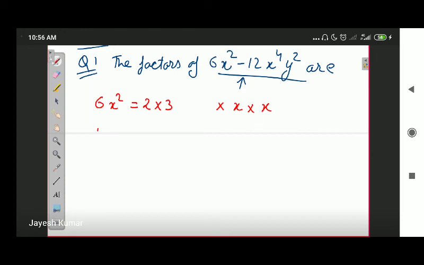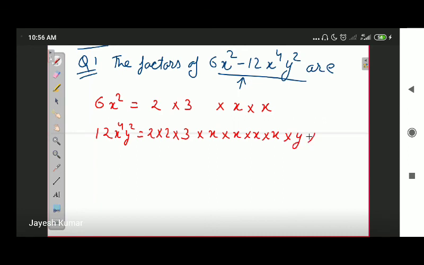And for 12x to the power 4 y square, the factors of 12 are 2 into 2 into 3, and the factors of x to the power 4 will be x into x into x into x, 4 times. After that, y square is y into y.